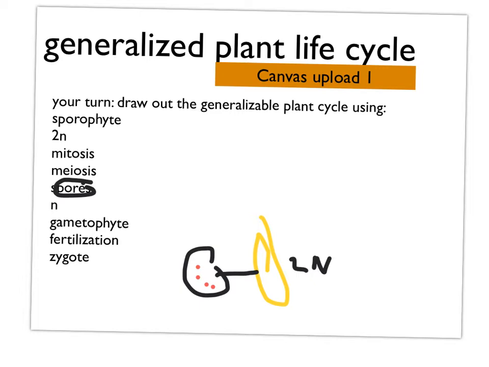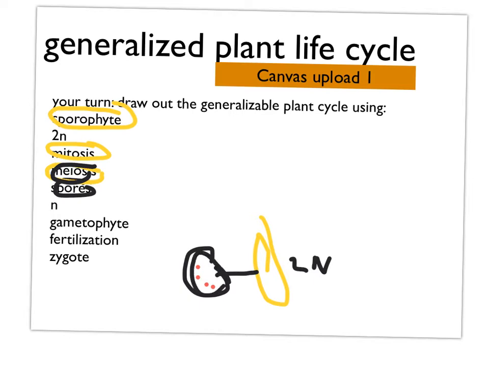So this is the sporophyte. It's 2n. And then it goes through both mitosis and then meiosis. And that's actually this part. Okay.